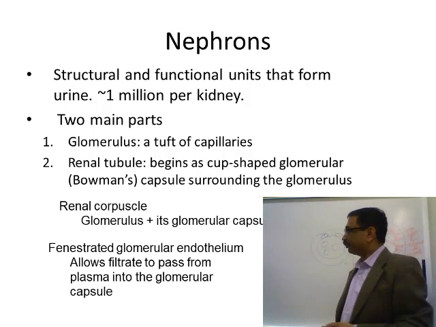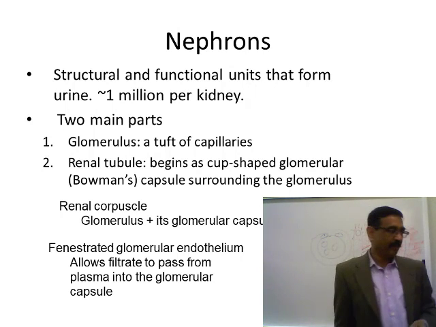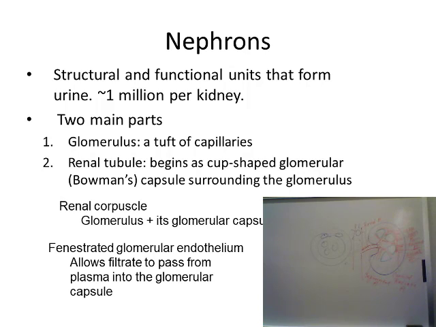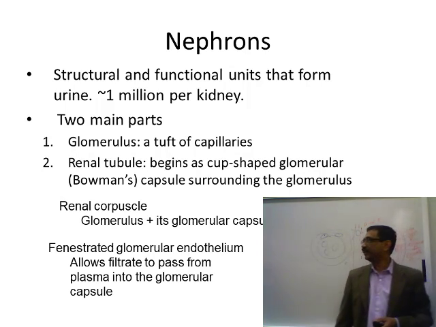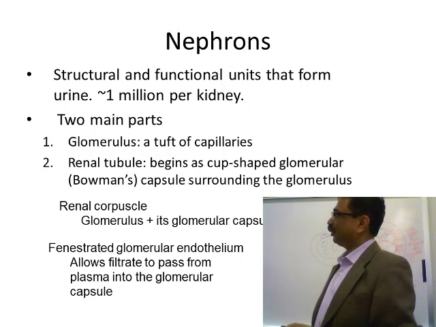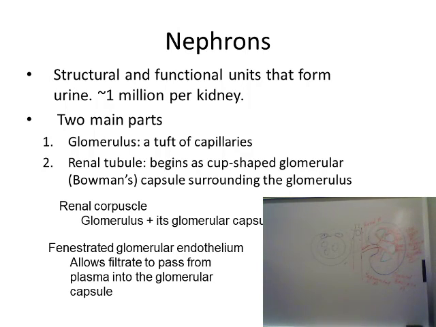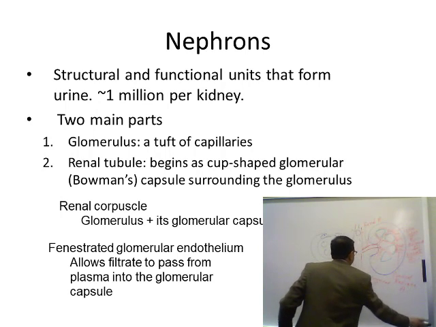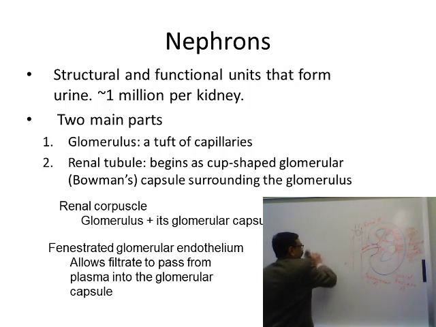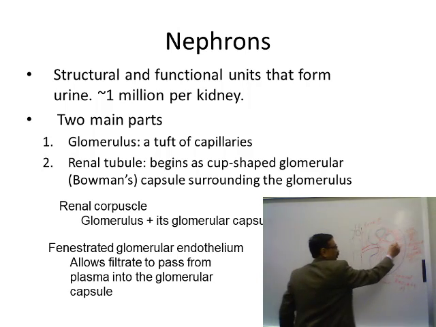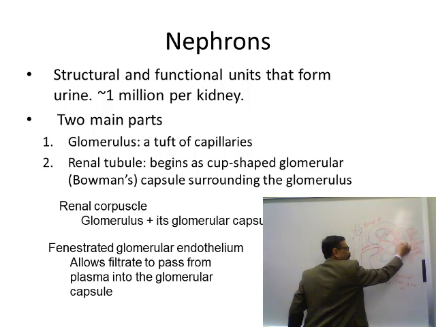So here, you see, I have talked about this part, aorta to the afferent artery. Then we will see what happens after that. So now you know, I will now only talk about this part.